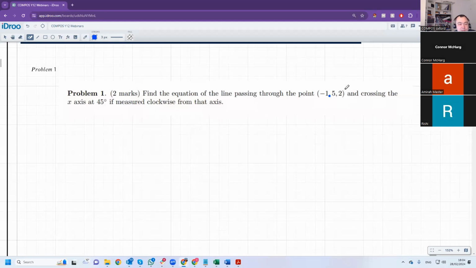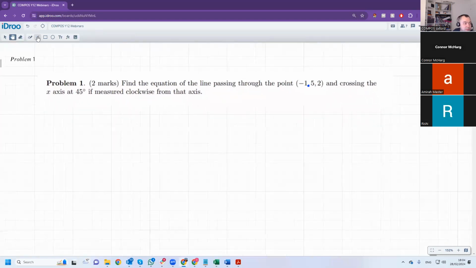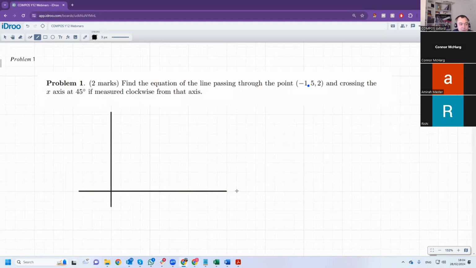The point is (-1.5, 2), crossing the x-axis at 45 degrees, measured clockwise from that axis. This is a 2D problem, and it should be fairly straightforward. All you need to do is draw a decent diagram. So x, y.